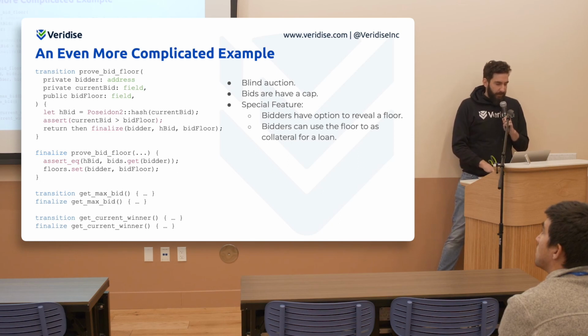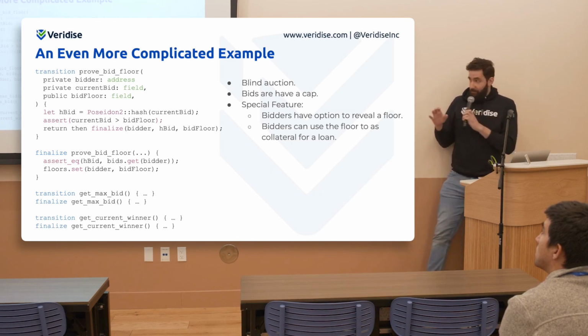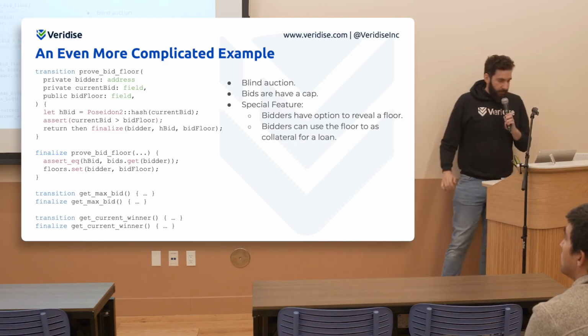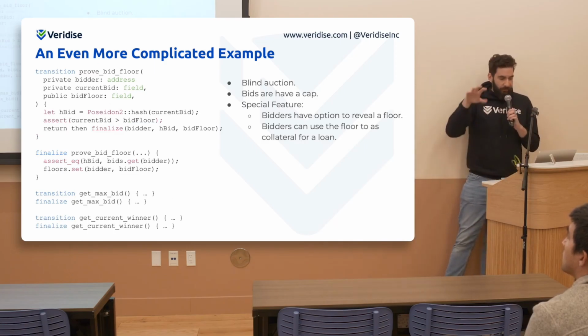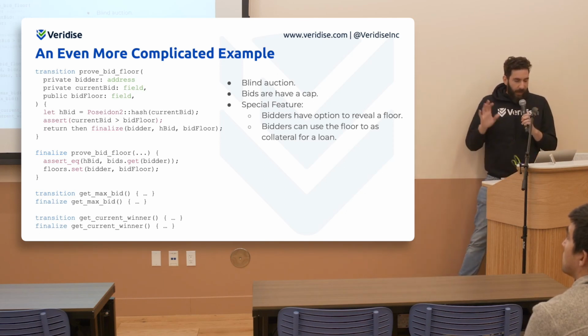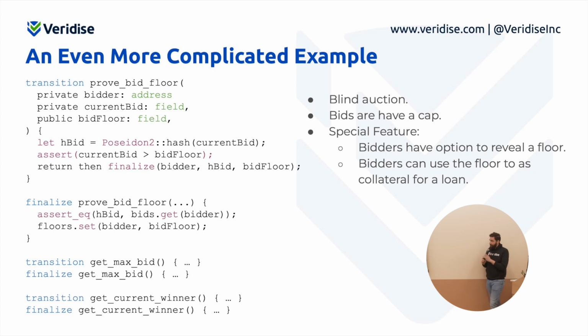The finalize will assert that whatever we post as a hash equals our current bid, which is the issue John mentioned earlier, that we have to check that the user is being honest. And then it says that our current floor is this value.